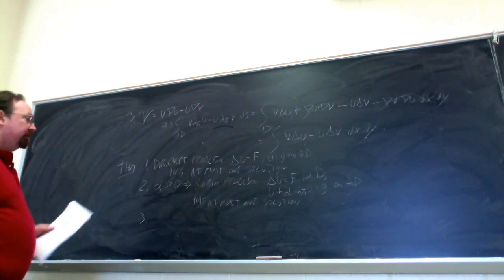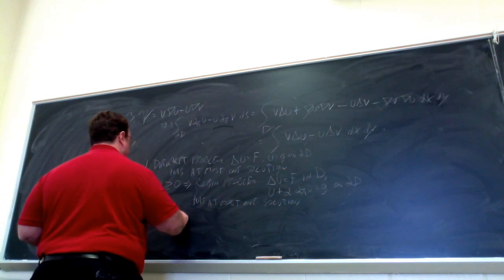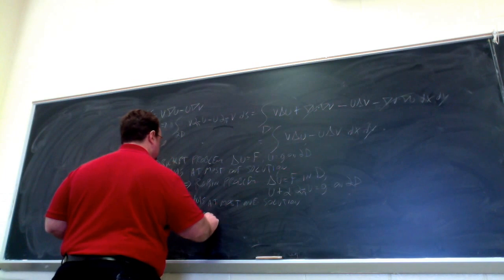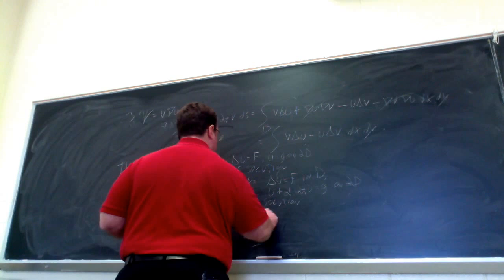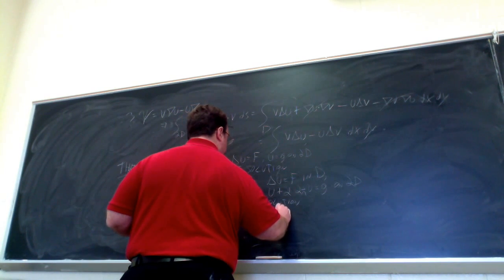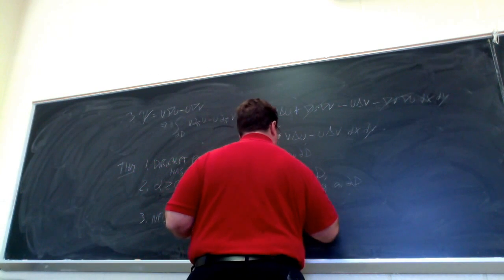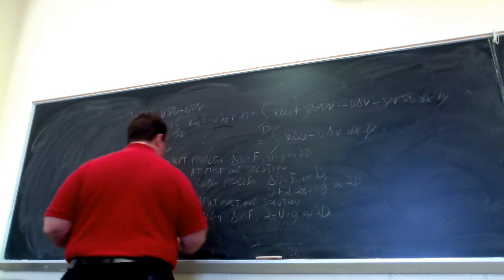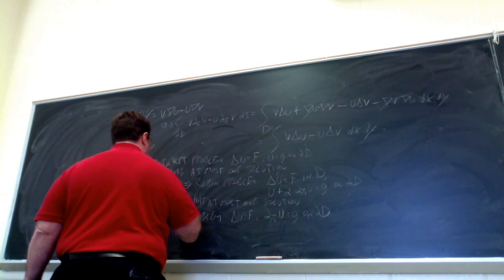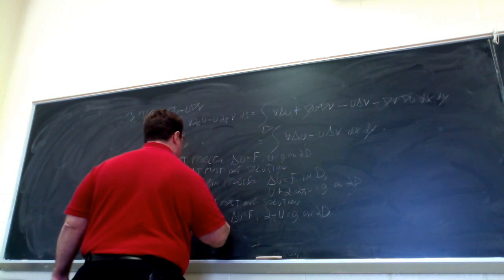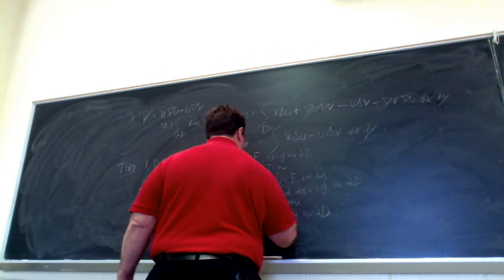And finally, let's not leave out Neumann boundary conditions. The Neumann problem: we have Laplacian equals f, and the normal derivative of u is equal to g on the boundary of D. We do not have uniqueness in this case, but what we can say is any two solutions differ by a constant.